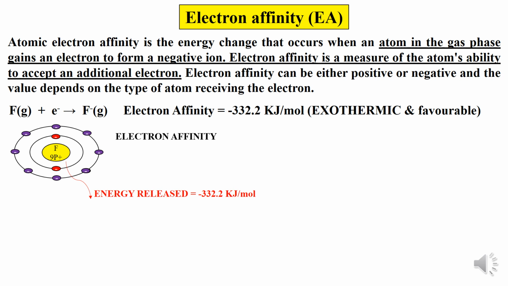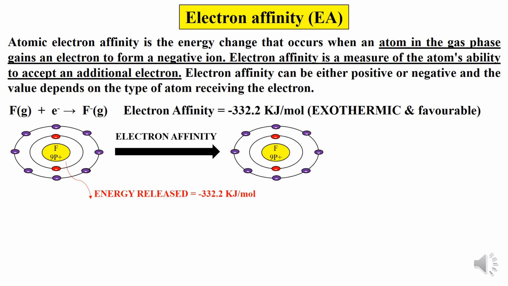So after the fluorine atom gains an electron, it forms a negatively charged fluoride ion, and energy is released in the process. And why is the reaction favorable? So you have understood why the reaction is exothermic, but why is it favorable?